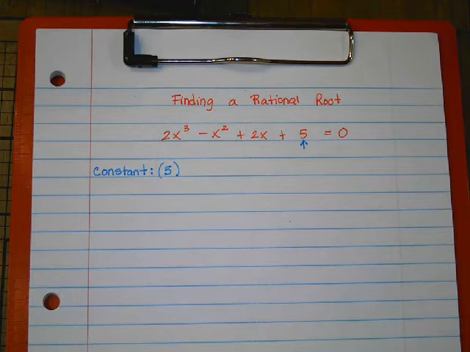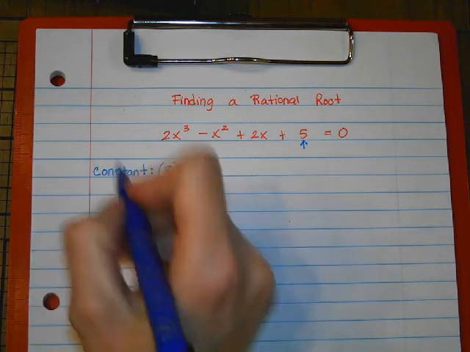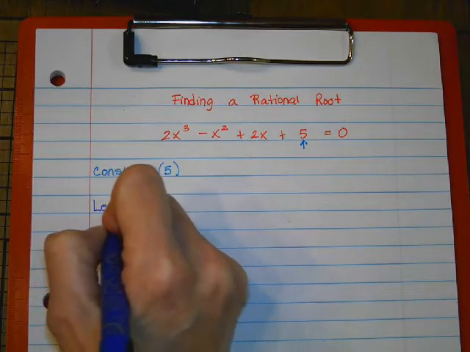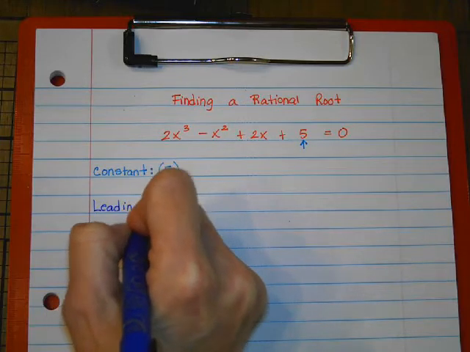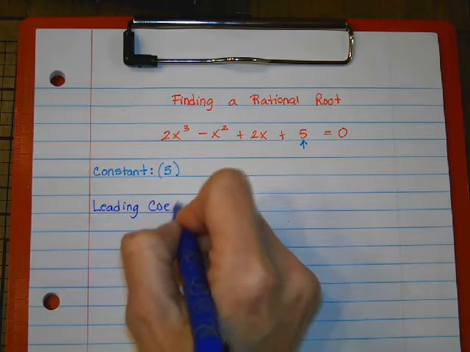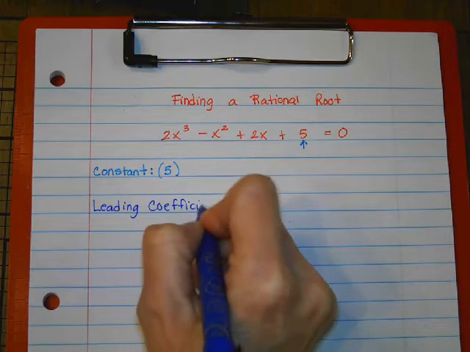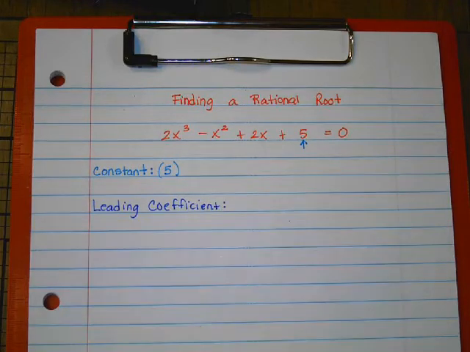All right. The next thing we have to know is our leading coefficient. Right. Who up there thinks they might know who our leading coefficient is? Leading is a really good word to help us tie this in.